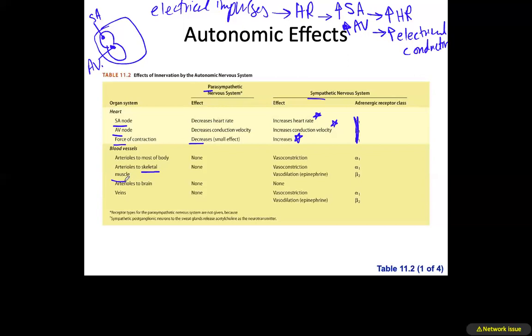Again, I don't want you guys to know the details about this, so you can basically skip this. Sorry, before you skip the whole thing, one quick note: for the parasympathetic nervous system, there is absolutely no effect on the blood vessels. So sympathetic, there is variation, but parasympathetic has no effect, basically.